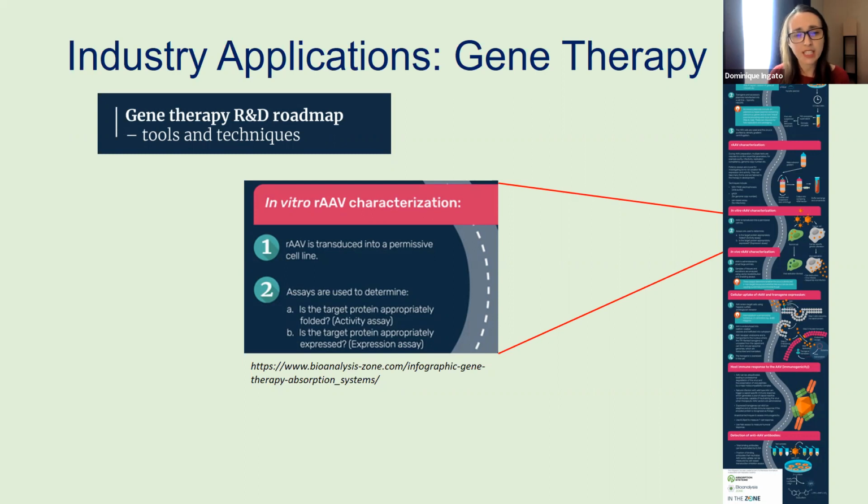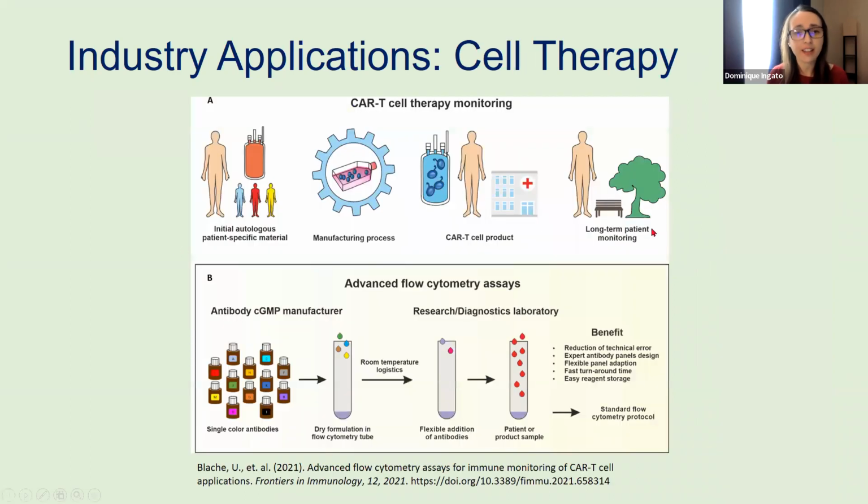Maggie, we can click to the next slide and take a look at cell therapy. We talked a little bit about CAR T cell therapy earlier, and this graphic does a great job at showing how, from early stage collection of that patient-specific material all the way through manufacturing and characterizing that product, and then long-term patient monitoring, we can use flow cytometry to assess whether the cells are producing that protein of interest and expressing it.